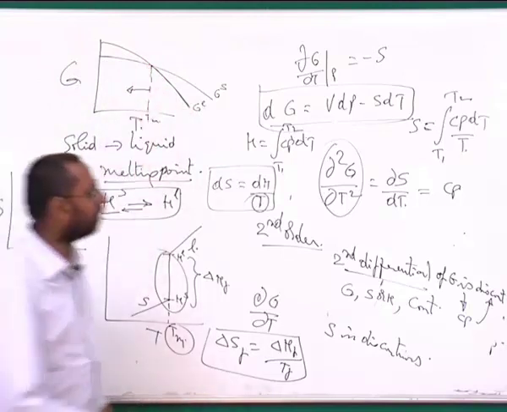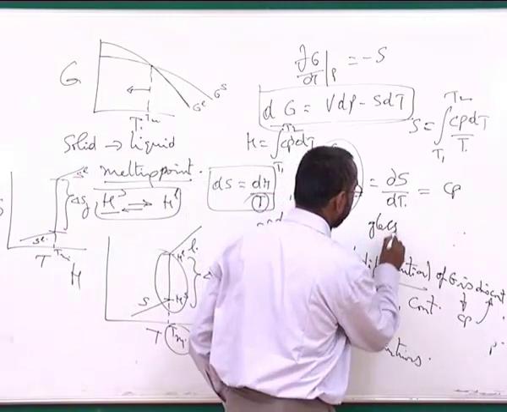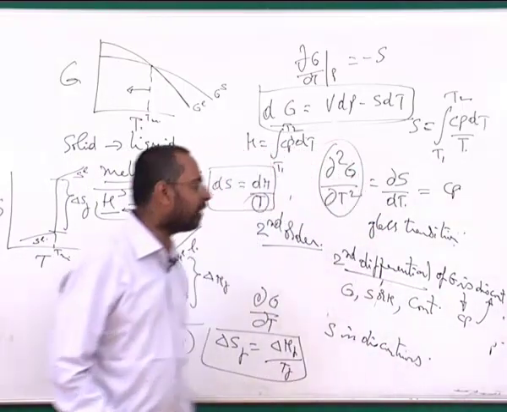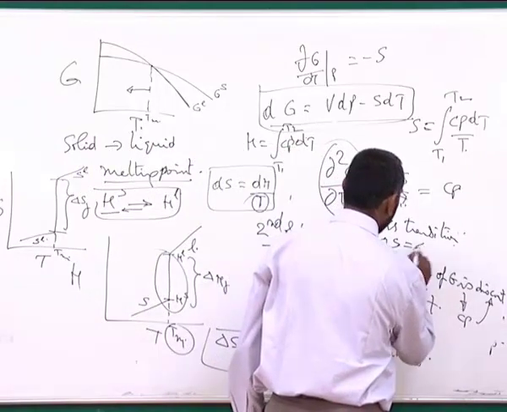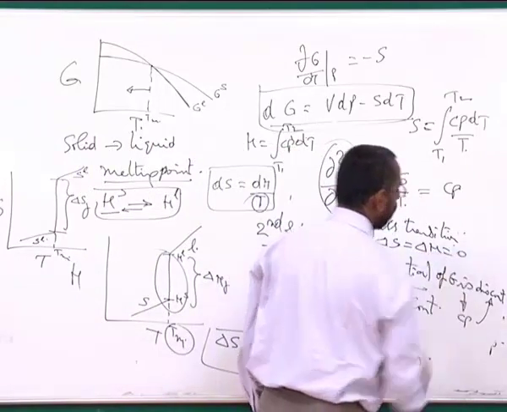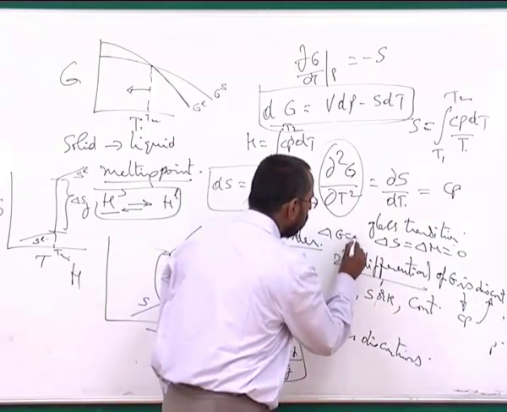A glass transition is such a transformation. Glass transition is a transition where delta H and delta S, both of them are 0, so delta G is also 0.